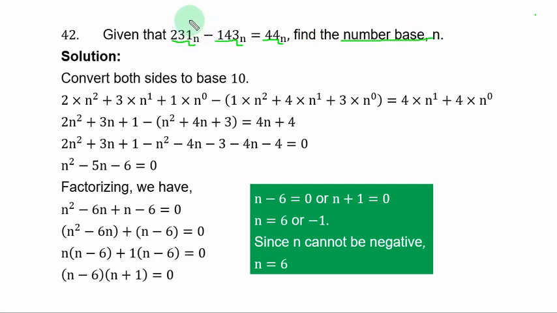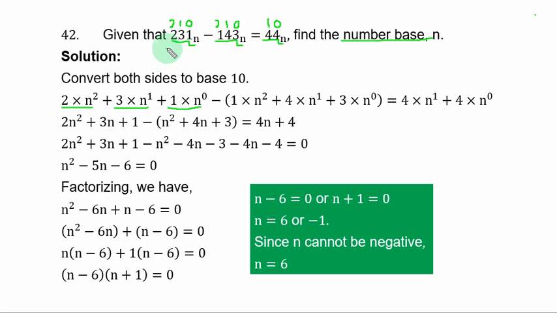For this number, the position of 1 is 0, 3 is 1, 2 is 2. Here, the position of 3 is 0, 4 is 1, the 1 is 2. The right hand side, you have 0 and 1. So you expand. So you have 2 times n power 2 plus 3 times n power 1 plus 1 times n power 0.